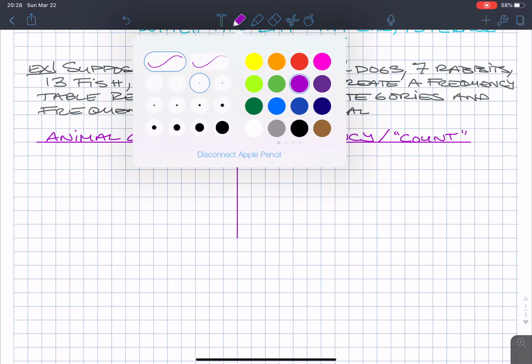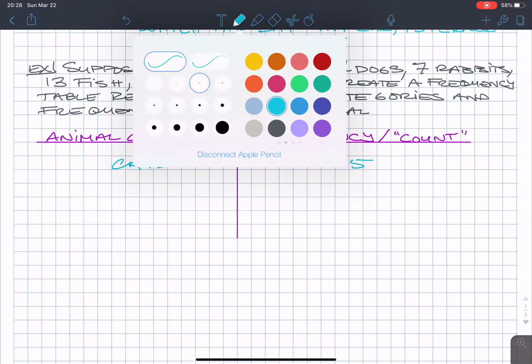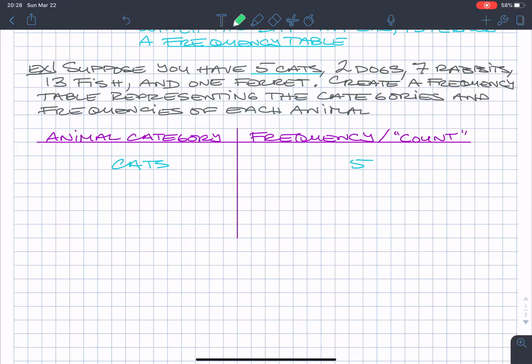Okay, so let's start with the first animal. We have 5 cats. So the animal category would be cats, and the frequency would be 5. Then next we have 2 dogs. So the category of animal is dogs, and the frequency or number or count is 2.